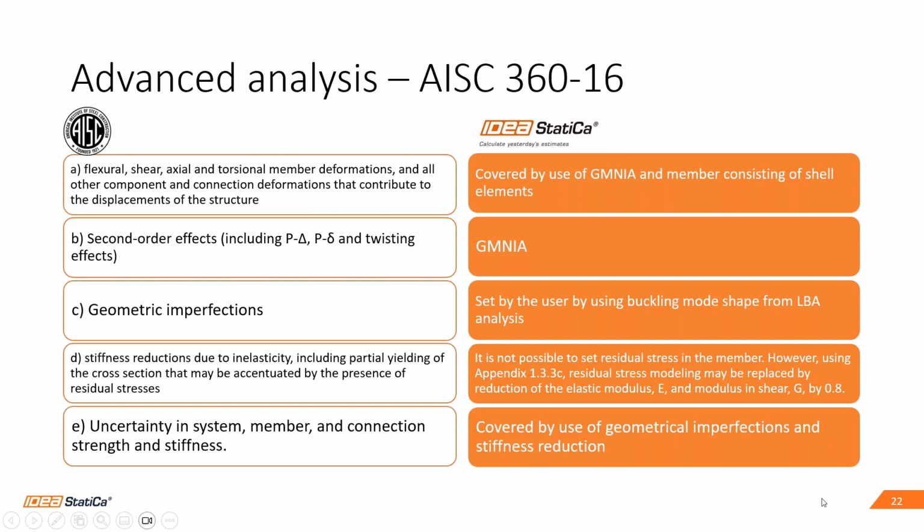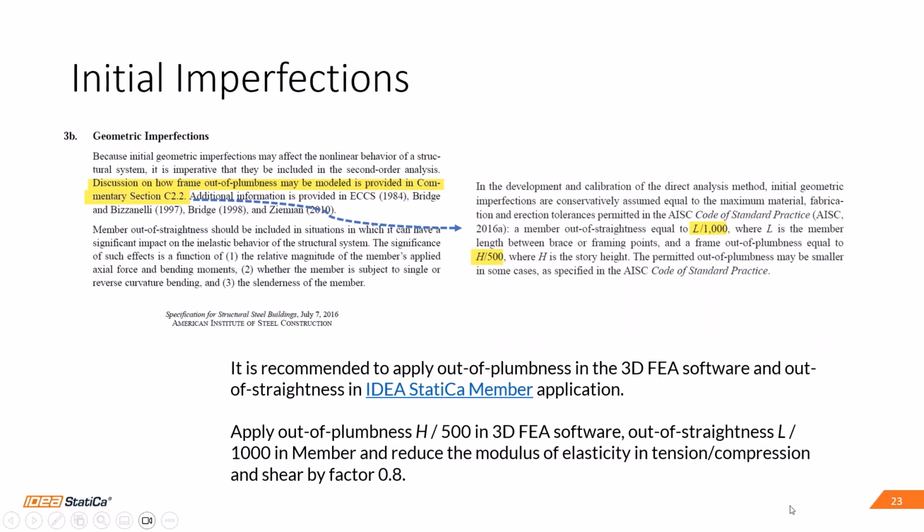All right. So sometimes it is hard to learn about these initial imperfections. We have global and local imperfections, right? In AISC, we have a portion where they recommend to add the local imperfection as L divided by 1000, and then the global one, the out of plumb, equal to the height of the level divided by 500.